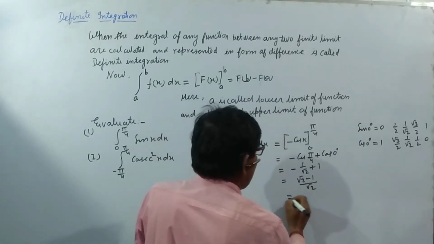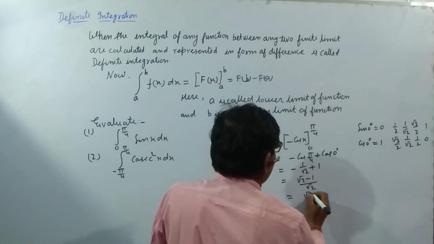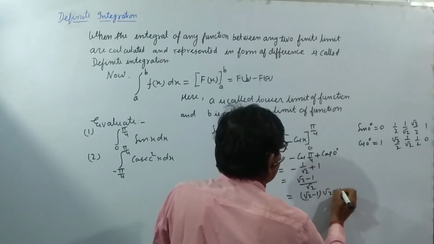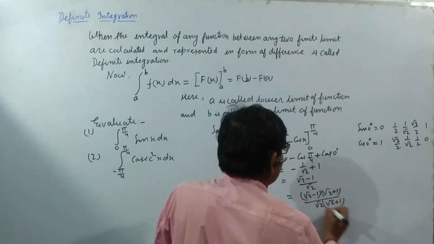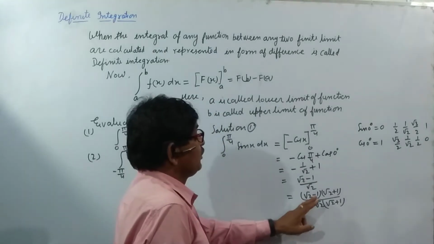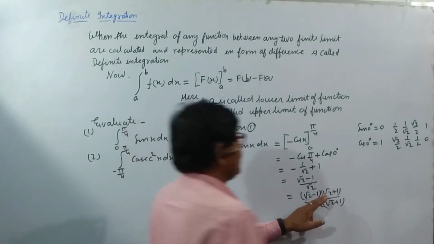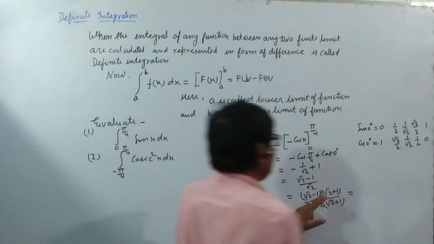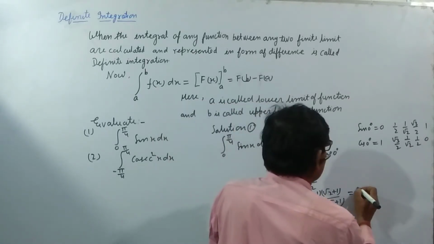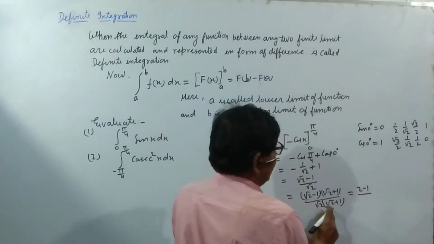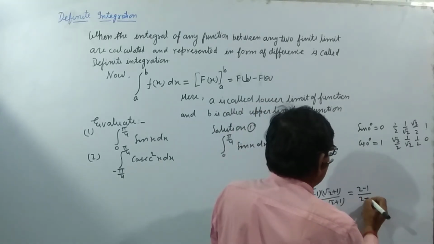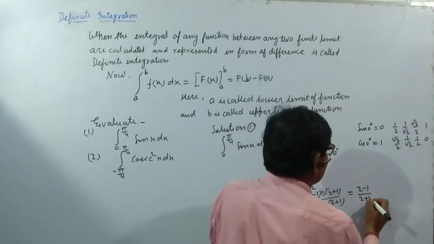Multiply by (root 2 plus 1) in numerator and denominator. Using a minus b times a plus b equals a square minus b square, the numerator is 2 minus 1, divided by 2 plus root 2.